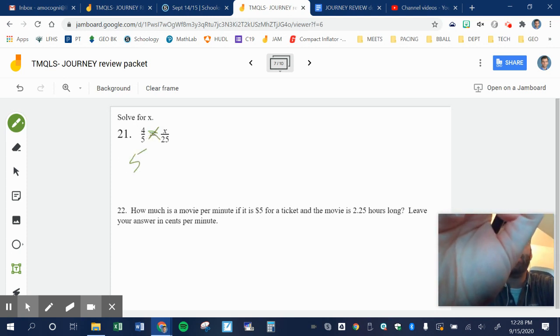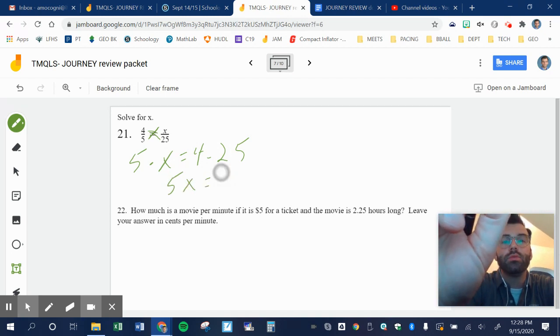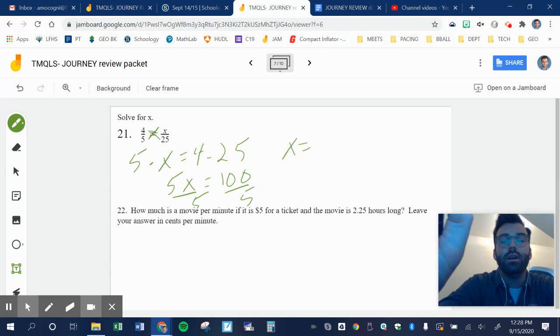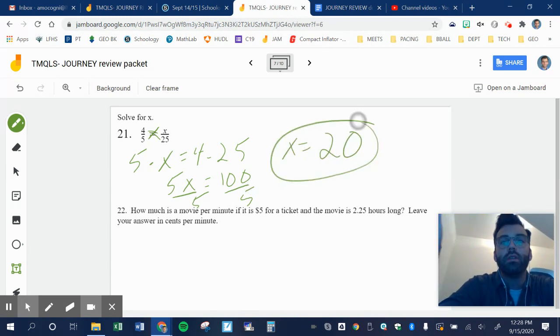So I got 5 times x equals 4 times 25. So 5x equals 100. Divide by 5, divide by 5, x equals 20. I could have seen, 5 times 5 gives me 25, so what's 4 times 5? Oh, that's 20.